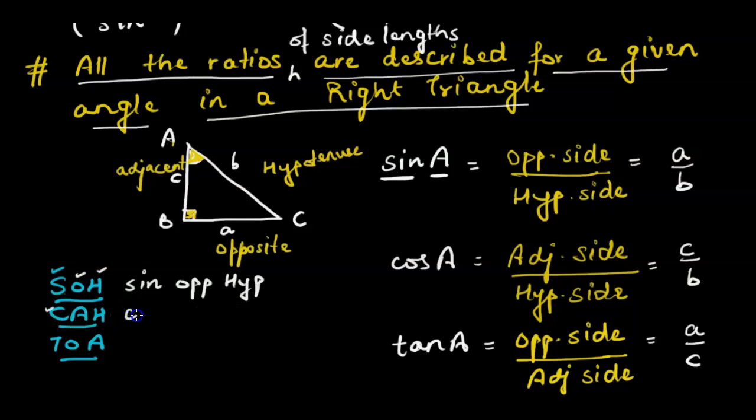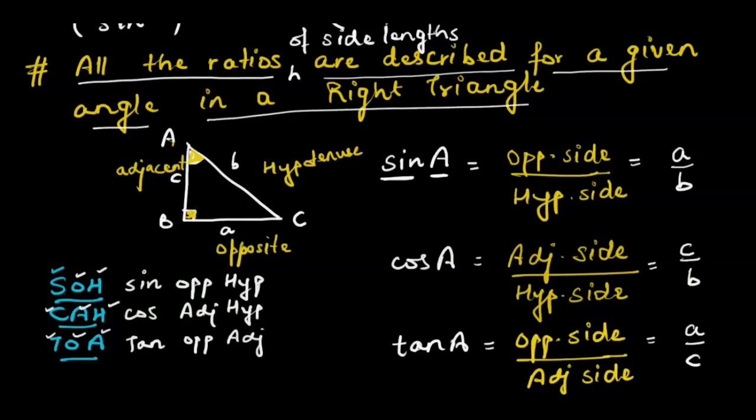C stands for cos, A stands for adjacent, and H stands for hypotenuse. That means cosine of an angle is the ratio of adjacent over hypotenuse. TOA: T stands for tan, O stands for opposite, and A stands for adjacent. That means tan of an angle is the ratio of the opposite and adjacent sides.